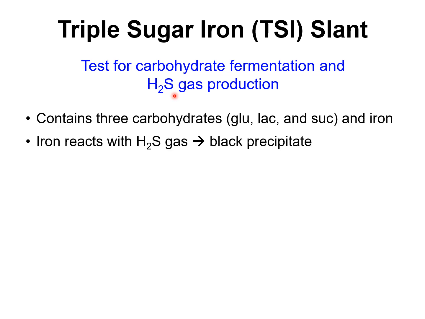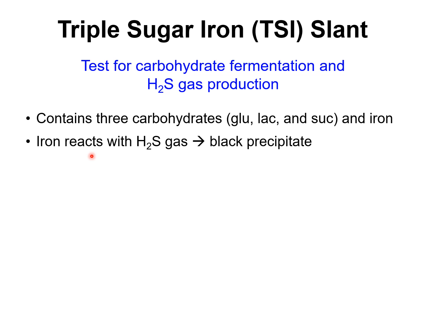Before talking about the results, let me reiterate. This slant deep has the 3 sugars, the glucose, the lactose, and the sucrose. And there's also iron added in there. We said that the iron is going to help you figure out if there is hydrogen gas production. How am I going to know?